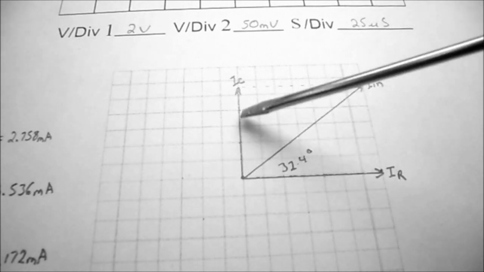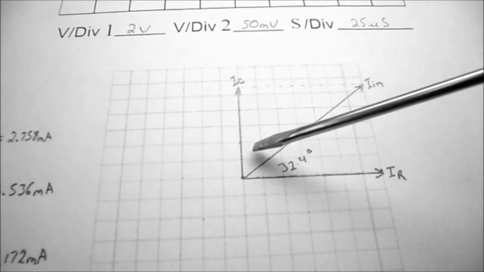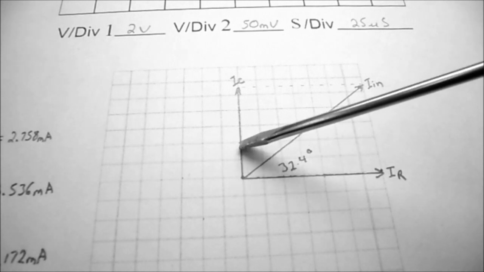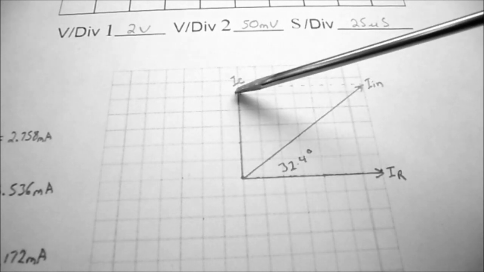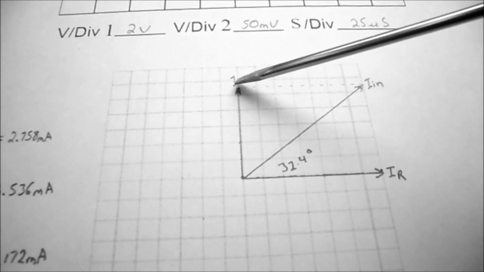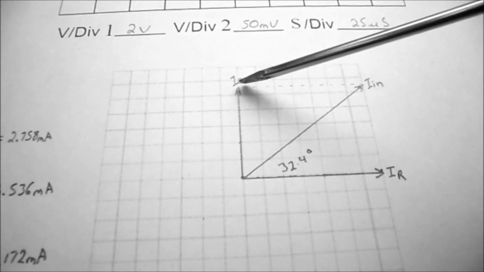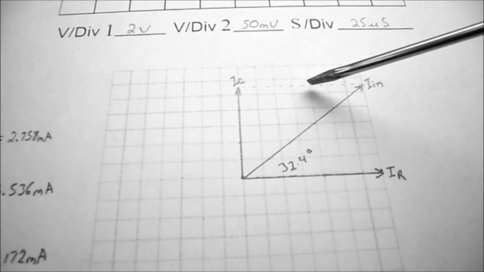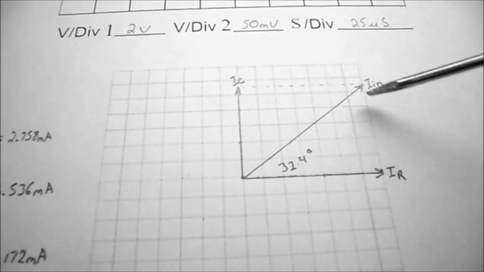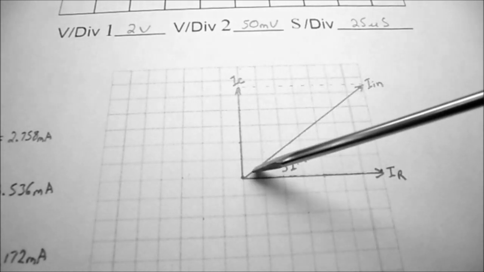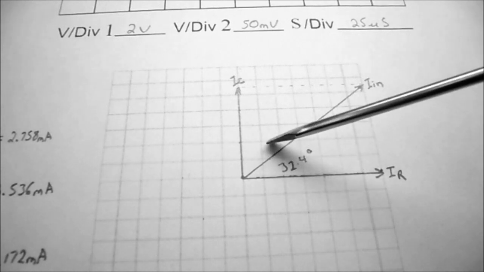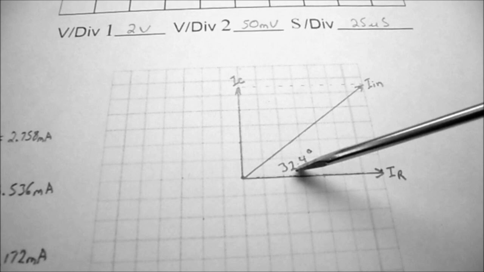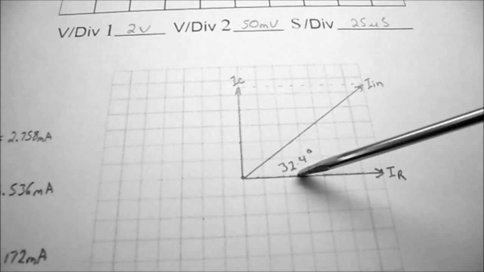And then for IC, it was half 1, half 2, 2.5, about 2 3/4. So that was IC. Then I put a dotted line in for my rectangle, and I drew my line in for IN, and you can see it's not quite 45 degrees, so it is about 32.4 degrees.